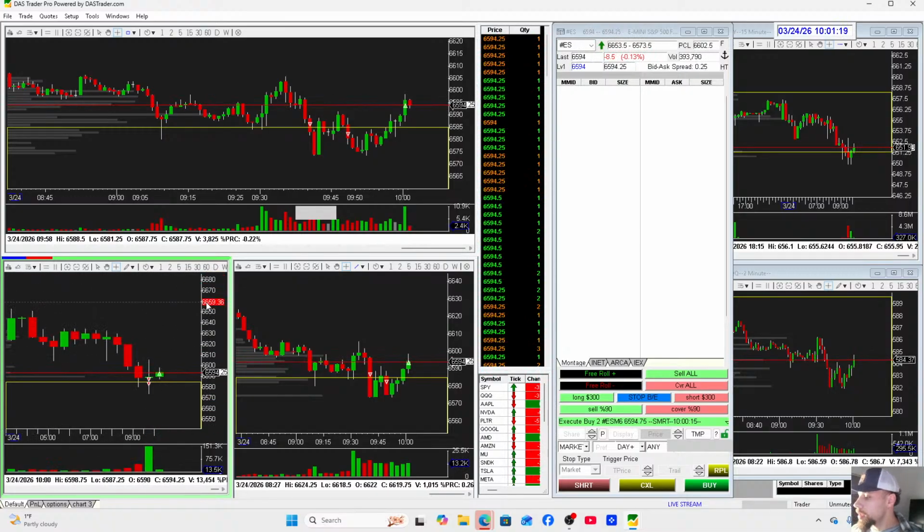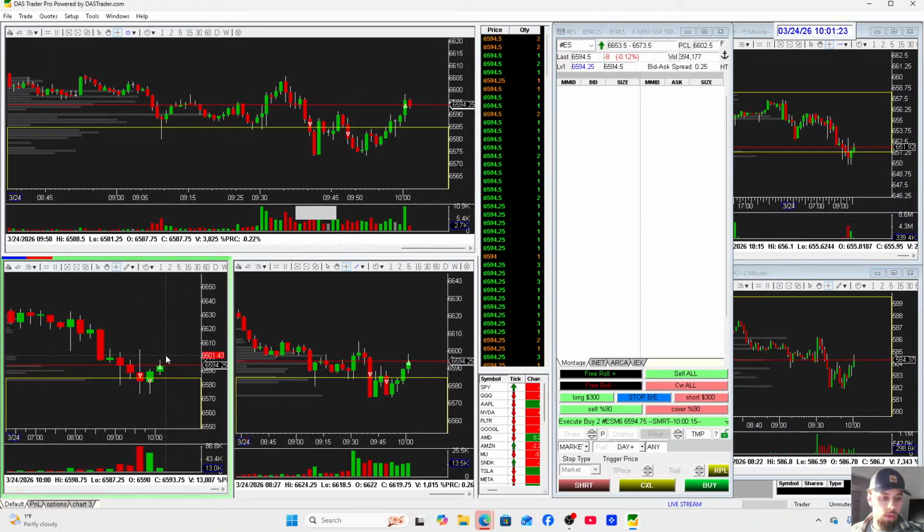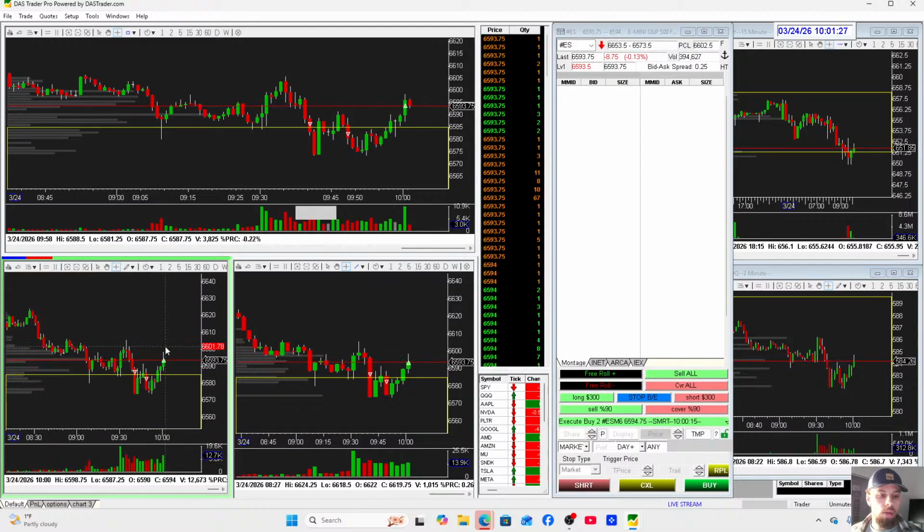So 30-minute indecision candle. SPY doesn't want to lose that level.